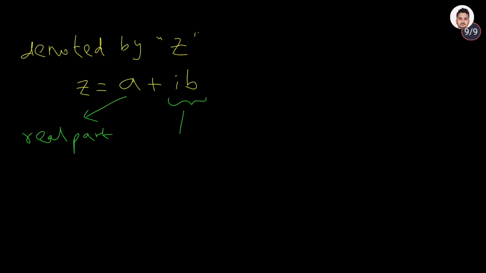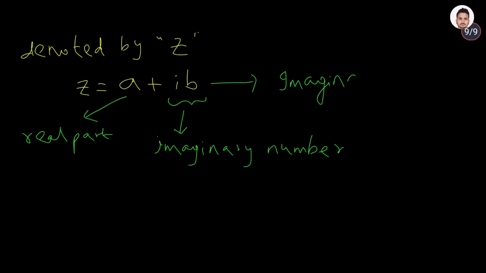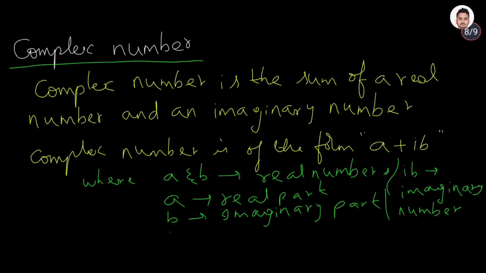The whole ib is the imaginary number, and b is the imaginary part. So I hope you understand what a complex number is. A complex number is nothing but the sum of a real number and an imaginary number. If we combine both real numbers and imaginary numbers, we get complex numbers.